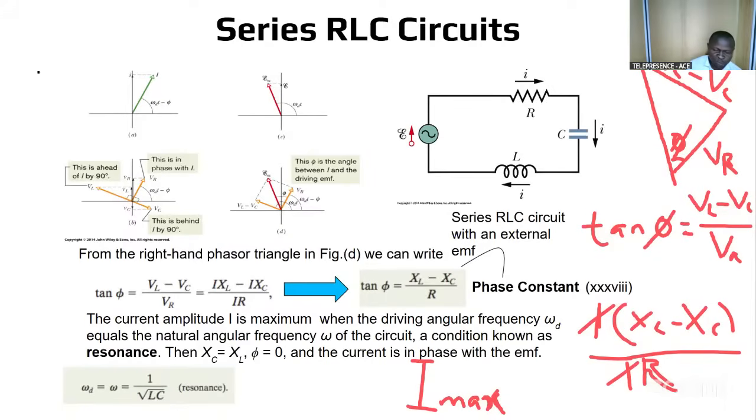So if you make L or C the subject of the equation, all you need to do is take the square of both sides and rearrange. Also, you can write omega in terms of the driving frequency or the natural frequency. Omega in terms of frequency is 2 pi f, and this is equal to 2 pi f_D.